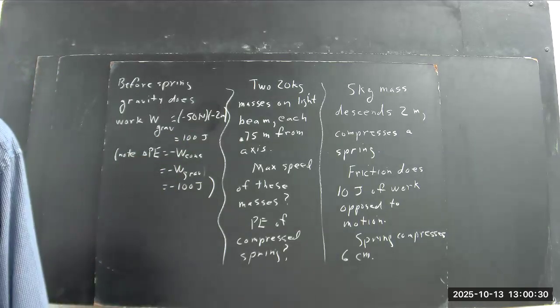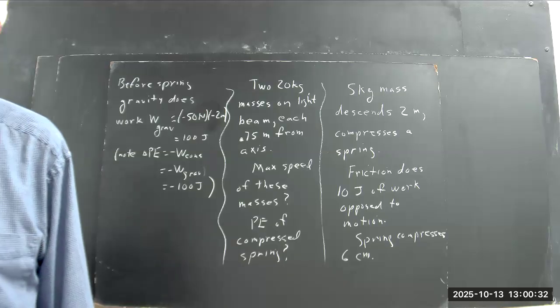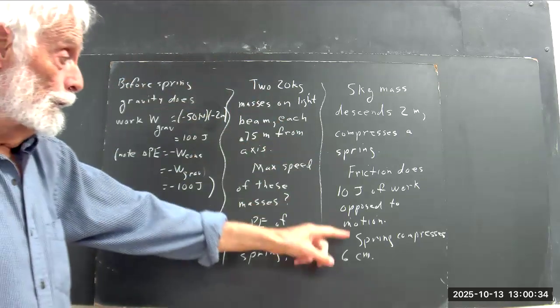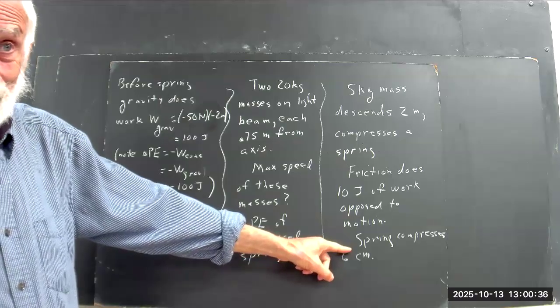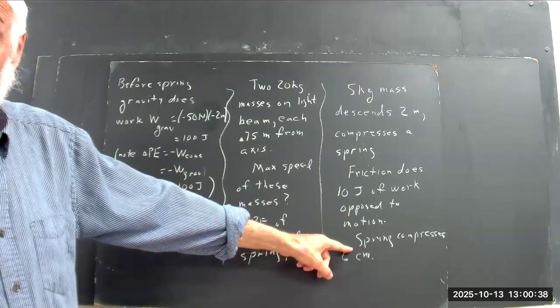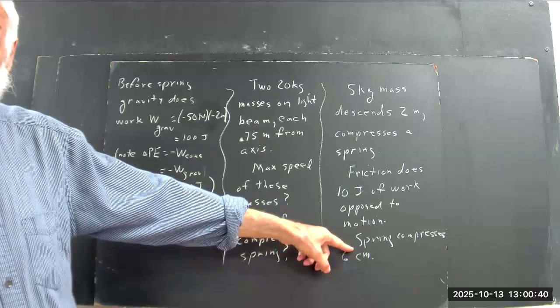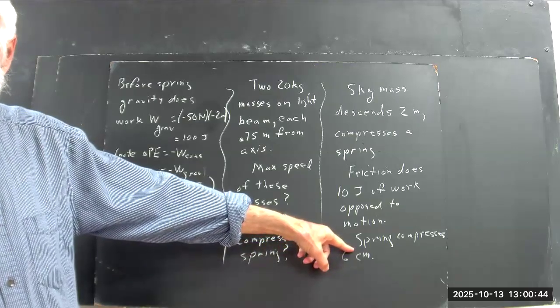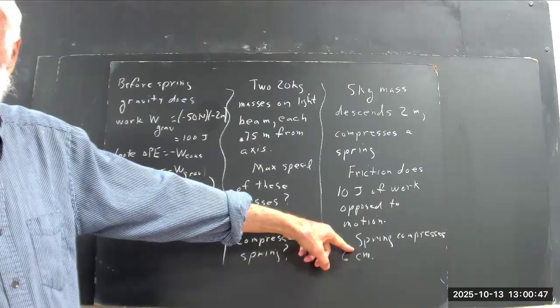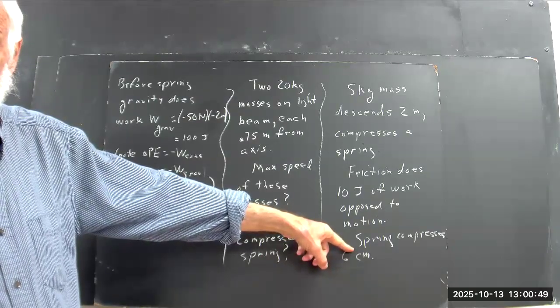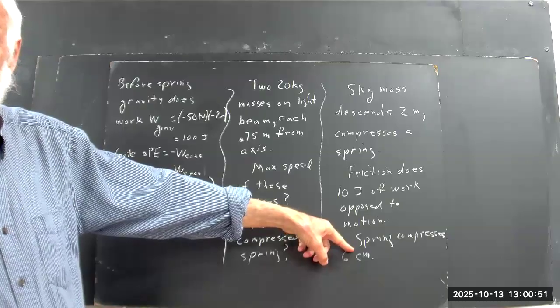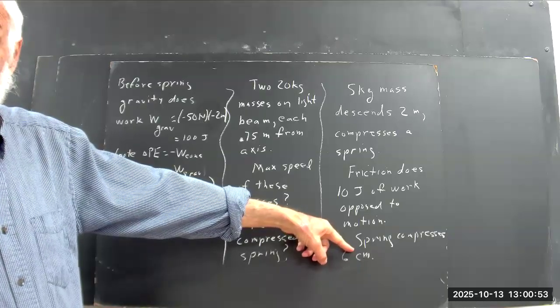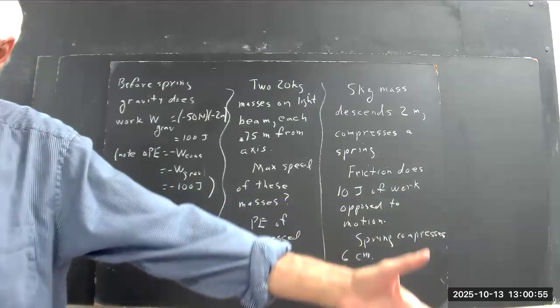Gravity is the only conservative force that acts before the thing hits the spring. After the thing hits the spring, the spring force is conservative. We assume the spring is exerting a conservative force unless we say otherwise. And pretty much everywhere in this course, we're going to be dealing with ideal springs, at least till we get to the lab, and then we measure how not ideal they are.